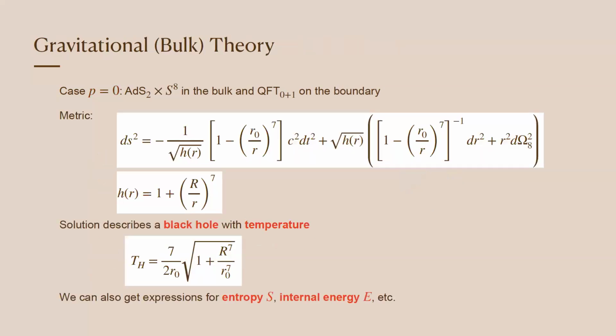So the metric is given by this, the AdS space. There is a black hole. The temperature of the black hole is given by this. It can be computed in string theory. So we also get expressions for entropy, internal energy.